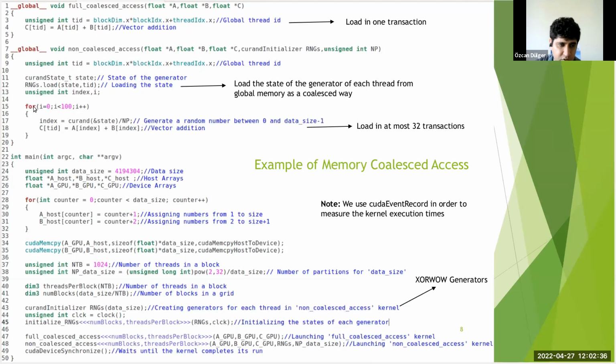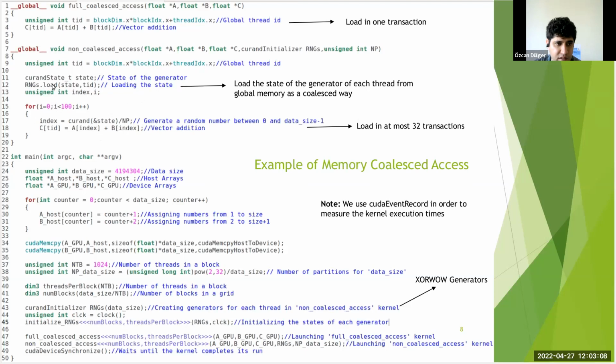In order to dominate the execution time, we perform this operation 100 times. As you see, we generate a random number between 0 and data size, use that as an index for the thread, and access the memory location given by the index.